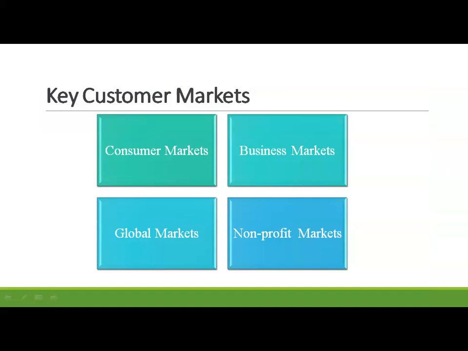Now next, we will try to learn the key consumer markets. Before consumer markets, we will try to learn the concept of markets. We have seen the difference between market and marketing.